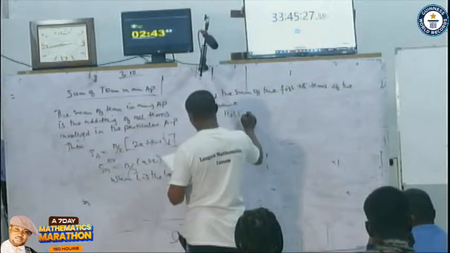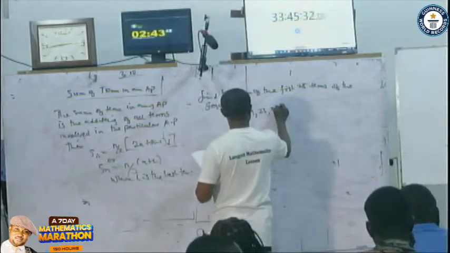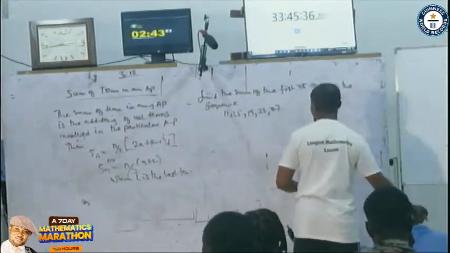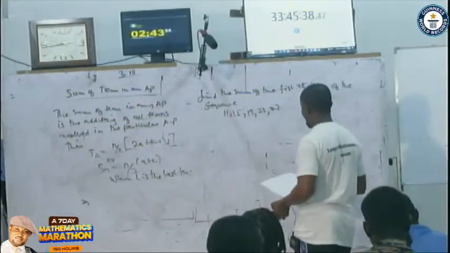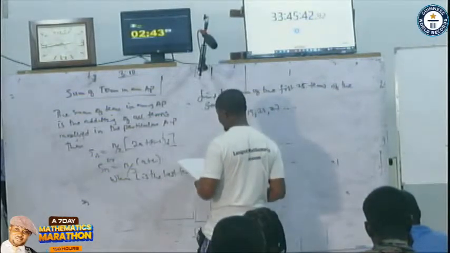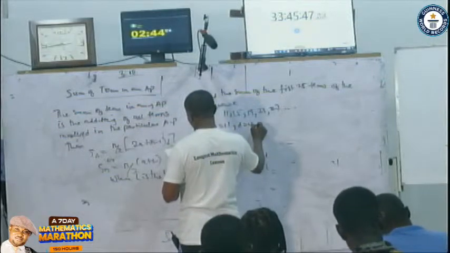The sequence is 11, 15, 19, 23, and 27. A equals 11, D equals 4.